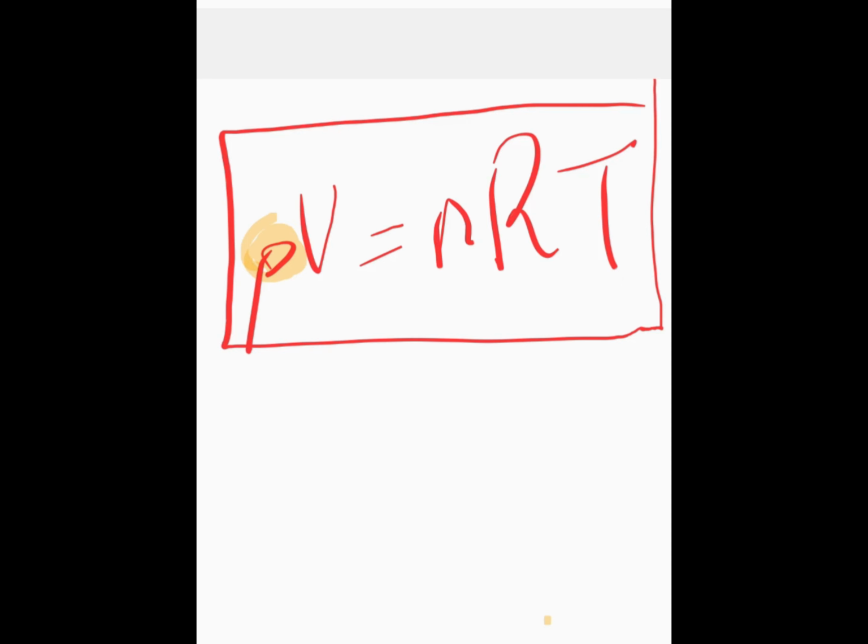Then we have volume. If you recall from what we had there, we had a container. It was a bit enclosed. Of course, there was some volume, specifically for what we call real gases.